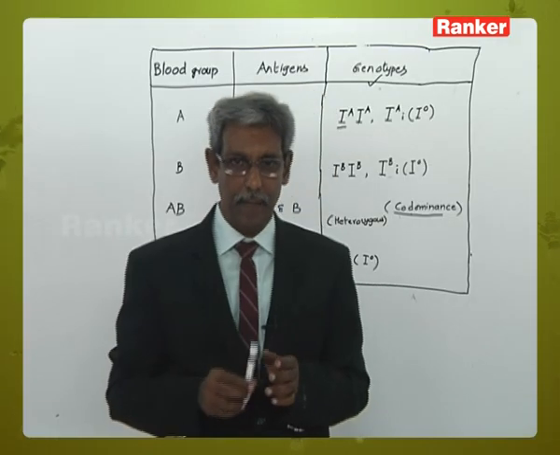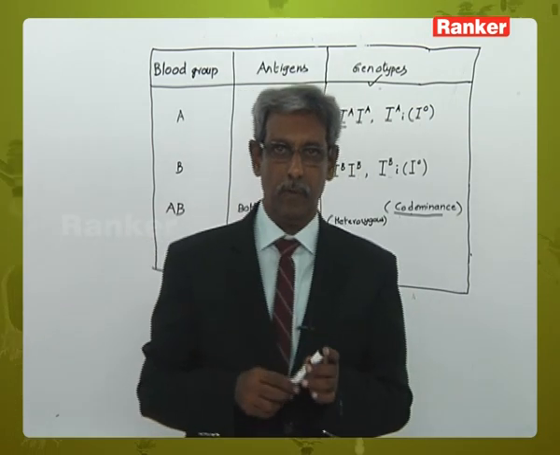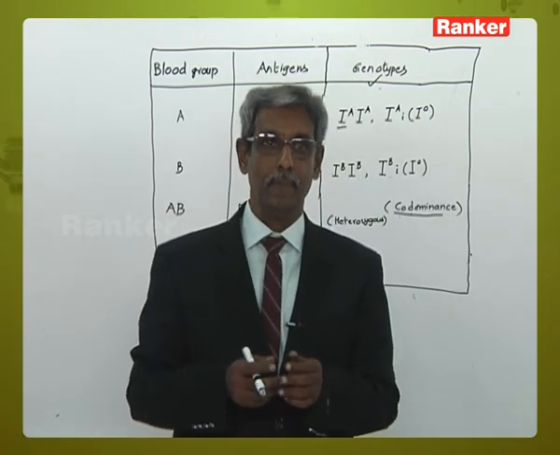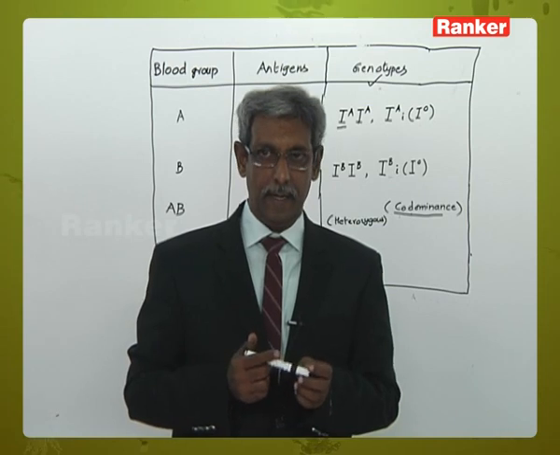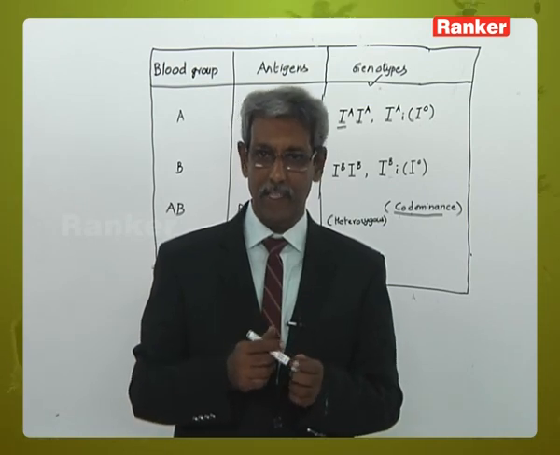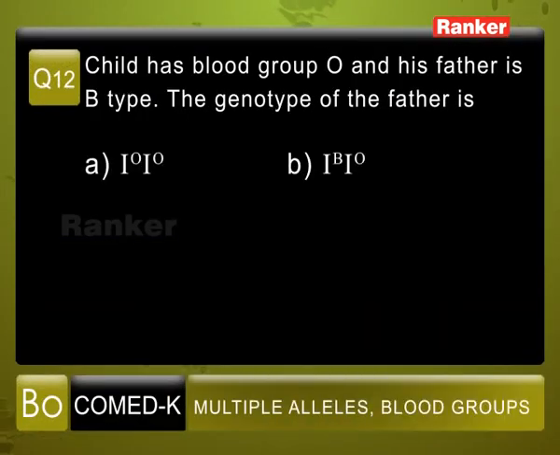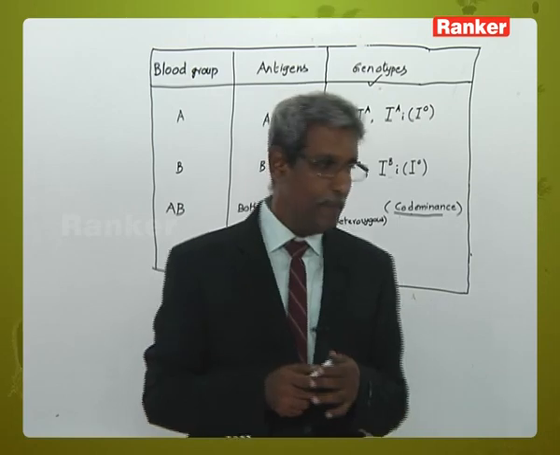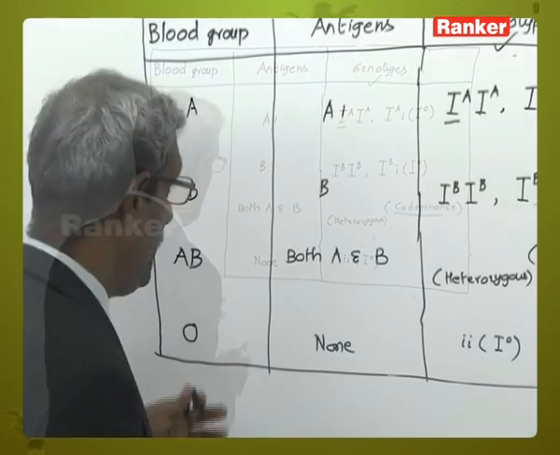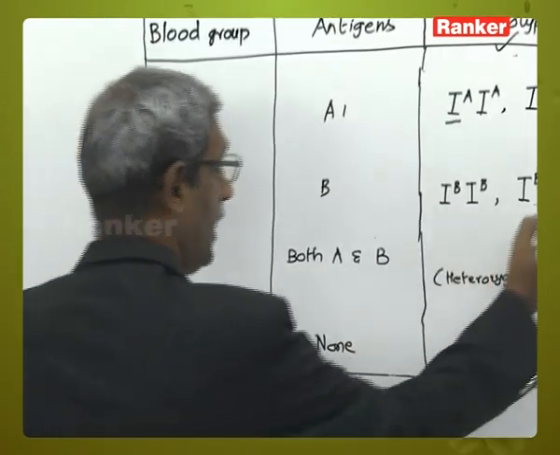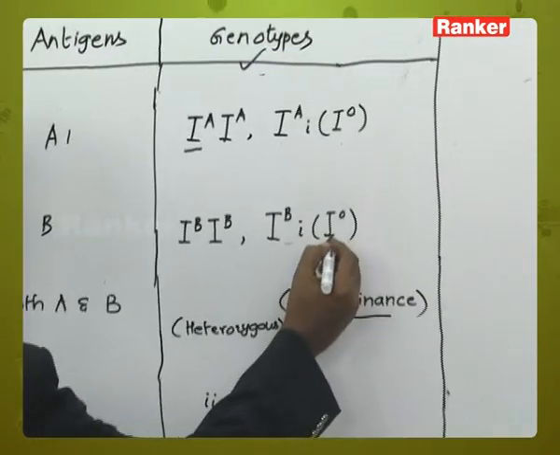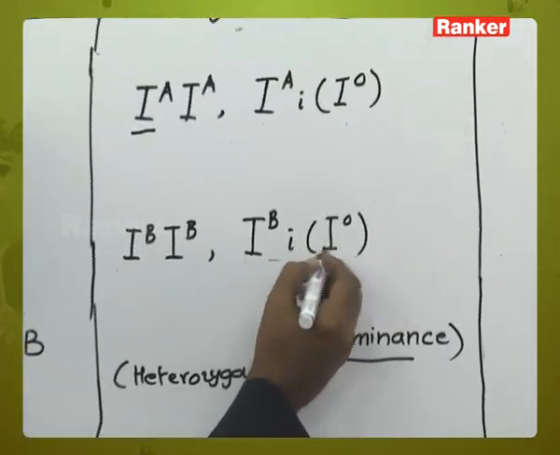Many times in the study of multiple alleles, an objective question could also be asking you about the genotype of the parent. Like if you take problem number 12, it says the child has a blood group of O and the father has blood group B. Then what could be the genotype of the father? Wherever here we have IO, which is from the child, this belongs to the child, I or IO.